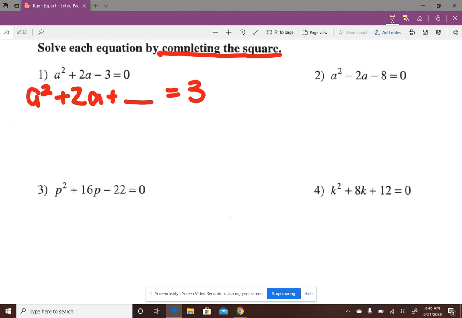And now I think to myself that if this was a perfect square trinomial, it would be a plus 1 squared. The 1 comes from half of 2 is 1, which means that above this, there had to be a 1, because that makes it a perfect square trinomial. You can't just add 1 to one side. You have to add 1 to both sides. Then you take the square root of each side.